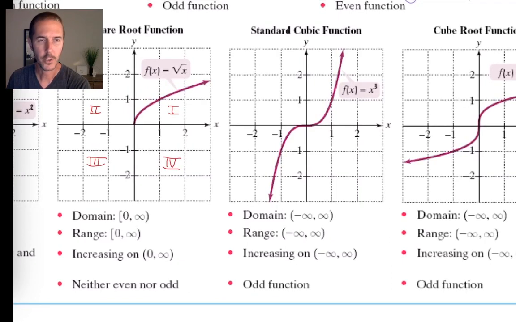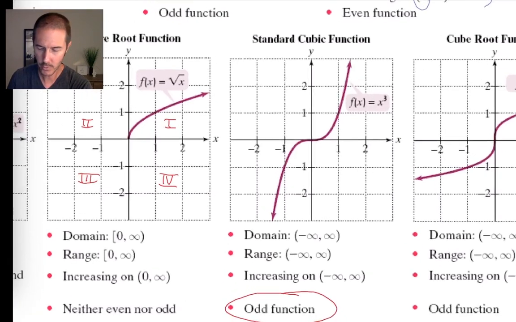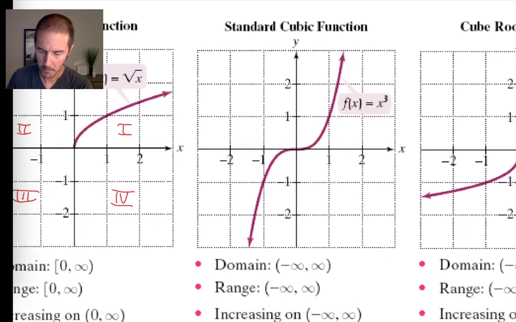The cubic function, y equals x cubed, does have symmetry about the origin because it's an odd function. And what symmetry about the origin means is that if you pick a point on your graph, let's choose this point at 1, 1, and we travel to the origin, and then we continue in the same direction, the same distance again, we will arrive at another point on our graph.